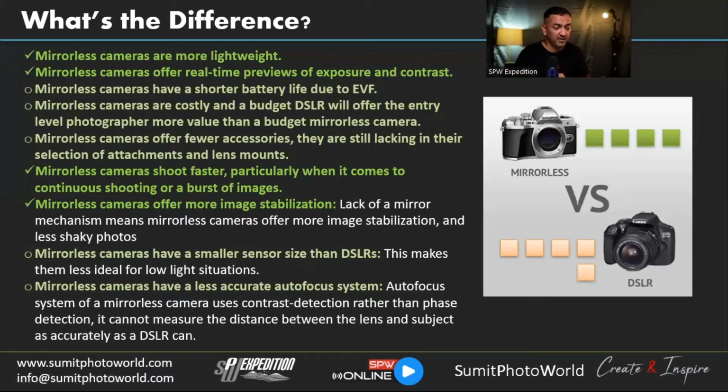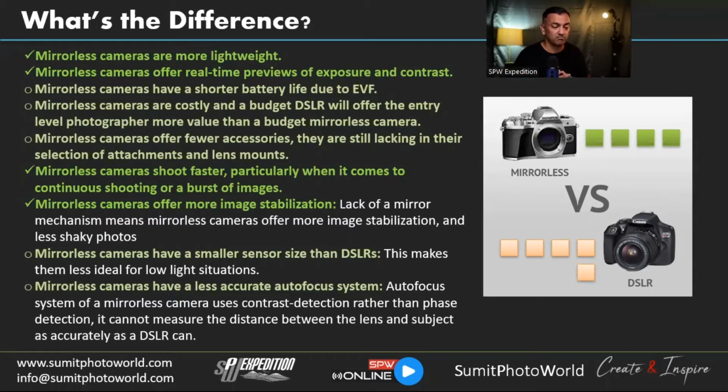Mirrorless cameras have a less accurate autofocus system. This is something tricky, because the autofocus system of a mirrorless camera uses contrast detection rather than phase detection. So it cannot measure the distance between the lens and the subject as accurately as a DSLR camera can. This is the major difference between these devices.